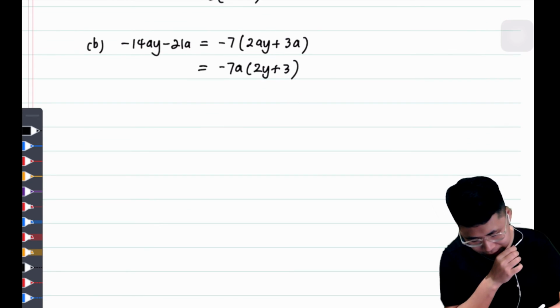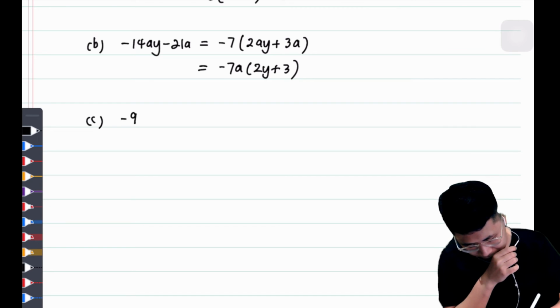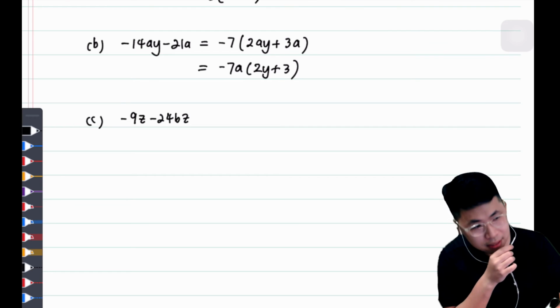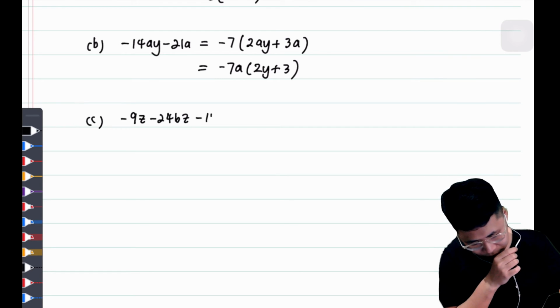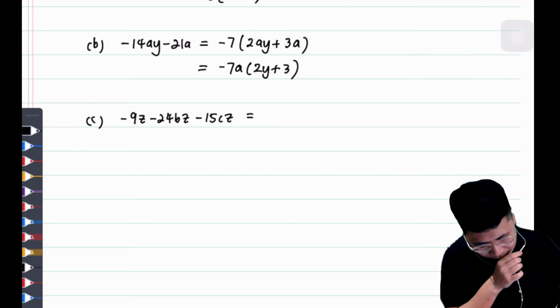Next, for part C, we have this example, negative 9z minus 24bz and minus 15cz. Alright, so over here we can bring out 3 to get negative 3z minus 8bz minus 5cz.